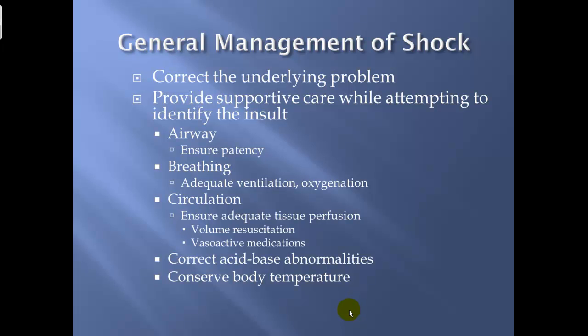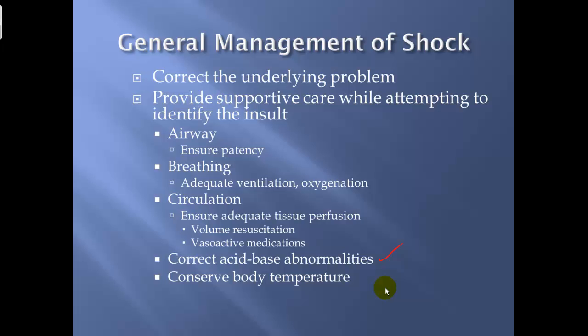General management of shock. Correct the underlying problem. Provide supportive care while attempting to identify the insult. Airway, ensure the patency. Breathing, adequate ventilation and oxygenation should be maintained. Circulation, ensure adequate tissue perfusion. Volume resuscitation and vasoactive medications if required. Correct their acid-base abnormalities.